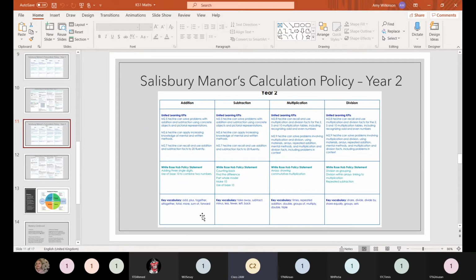So they should know the words add, plus, together, all together, total, more, sum of, and forward. So it's just extending them further. Okay, it's introducing new vocabulary for them. That doesn't mean that they won't be introduced to it in year 1, but they should be more secure and more familiar with it in year 2.